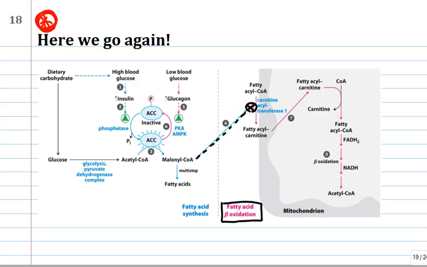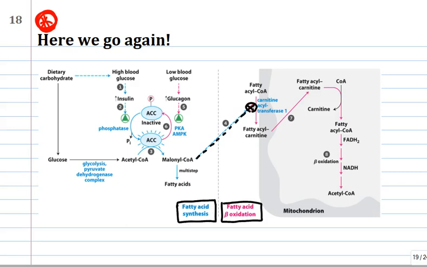If you block carnitine acyltransferase 1, you basically short-circuit, disrupt beta oxidation. And guess how we make malonyl-CoA? We make it from acetyl-CoA in fatty acid synthesis.